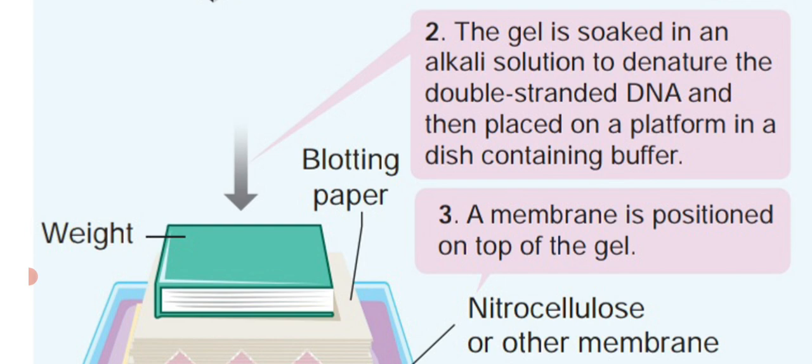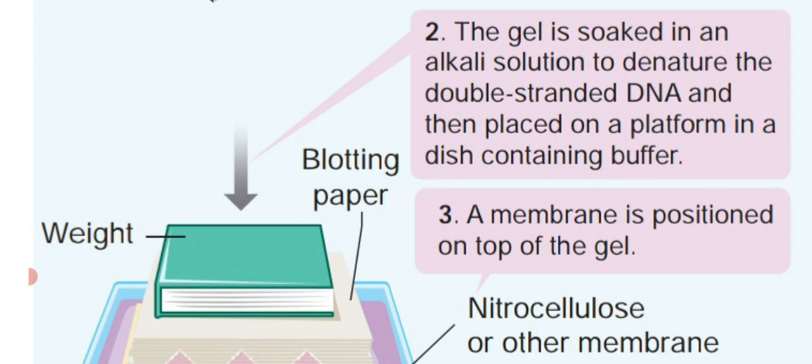Denature means to separate the double-stranded DNA, which is then placed on a platform in a dish containing buffer. First they are cutting the DNA into a number of fragments without separating the strands.